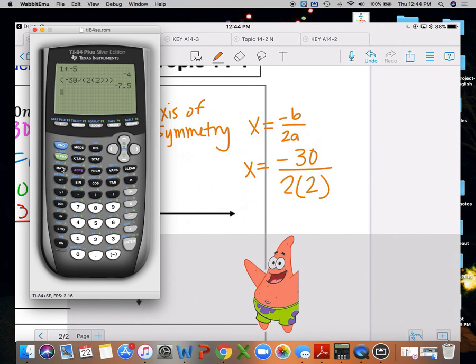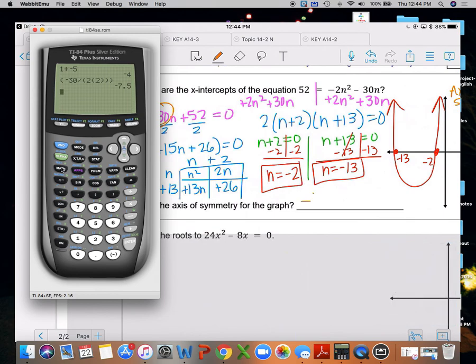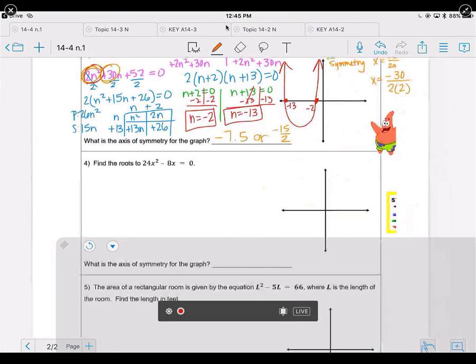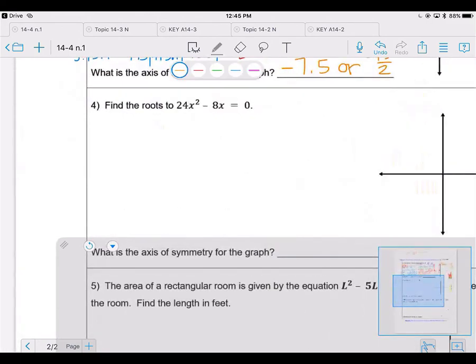So I can put that my axis of symmetry is negative 7.5, or I can click math enter, and it tells me it is negative 15 over 2. So if you don't want to count between the ticks, you can do negative b over 2a. Sometimes it's hard to count through the ticks, and we're about to see an example like that.